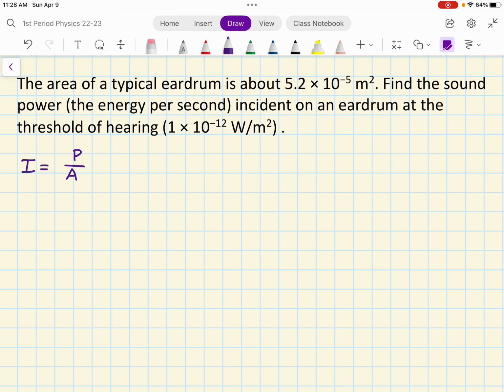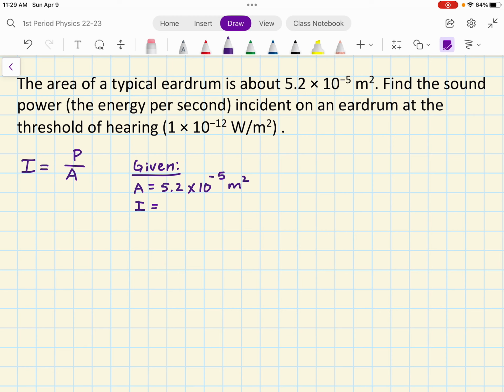Okay, so now let's write down the given information. Let's keep using purple for this one, why not? So given, we were given an area of 5.2 times 10 to the negative fifth meters squared, and then we have the threshold of hearing.